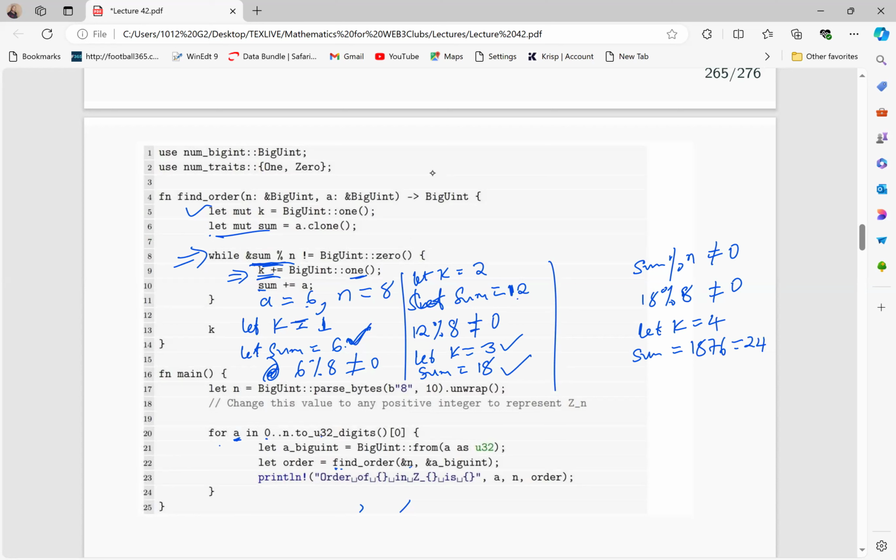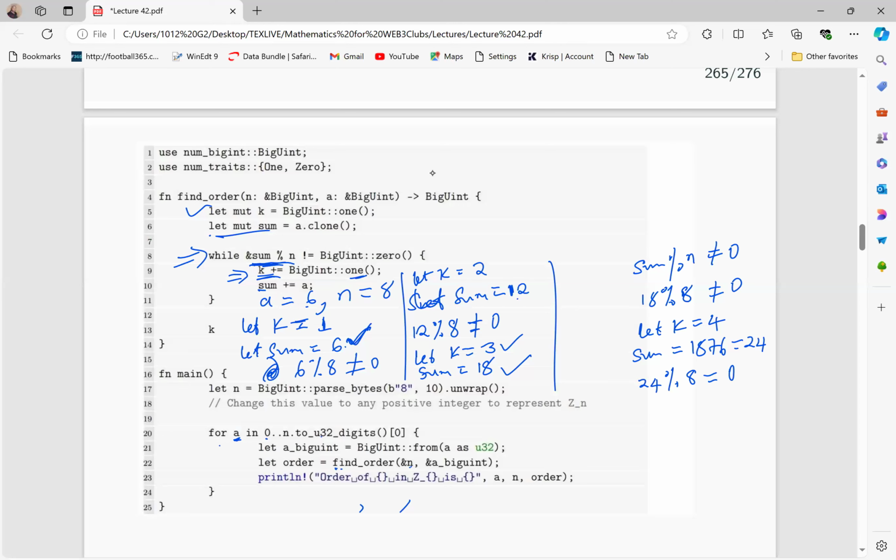Then again, try the sum divided by N, which is 24 divided by 8. Is the remainder 0? If 8 goes into 24, the remainder is 0.